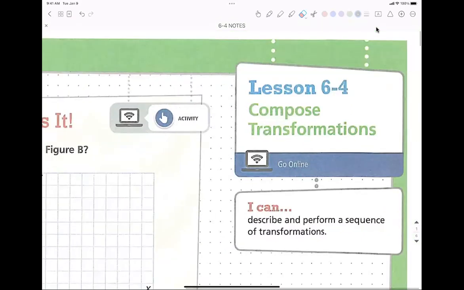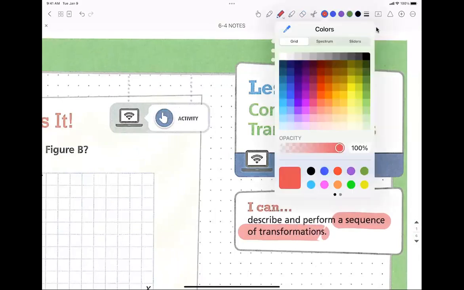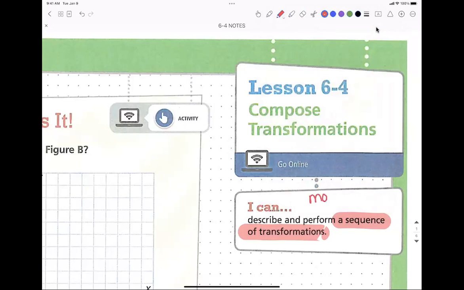Something I want to point out, and everybody should put this in their notes, is when you see the words sequence of transformations, that's your clue that it is more than one transformation.